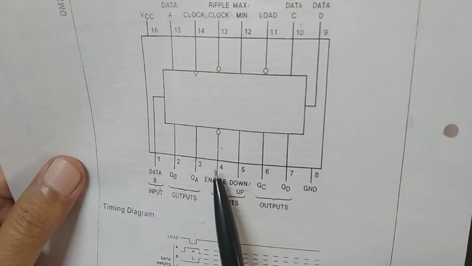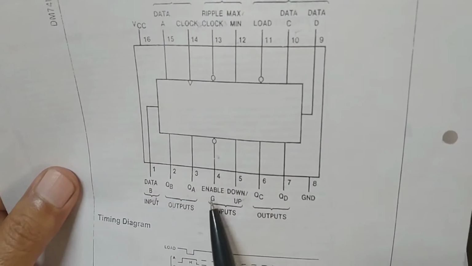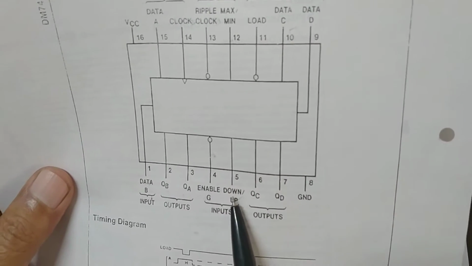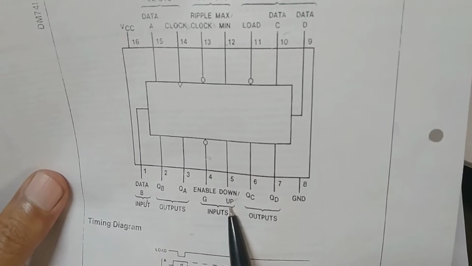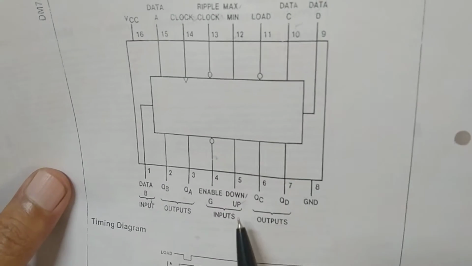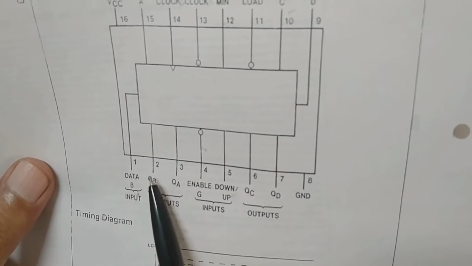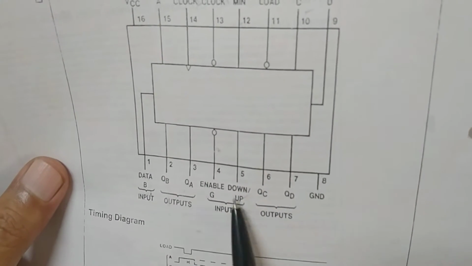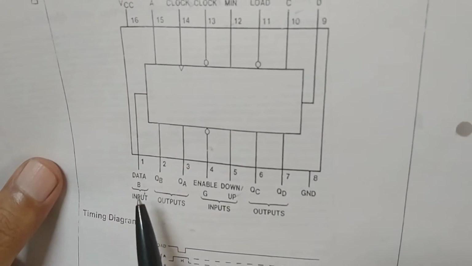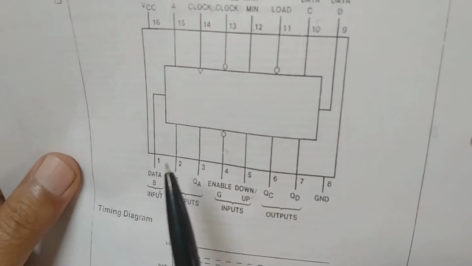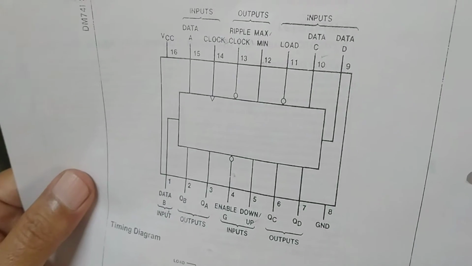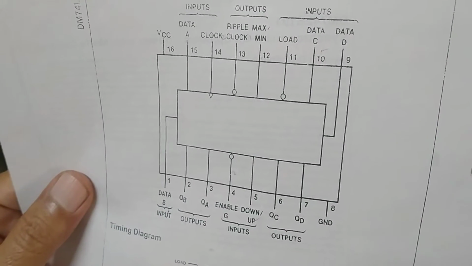Pin 4 is the enable input terminal, which is active low. Pin 5 is for up or down counting direction. Pins 2, 3, 6 and 7 are the outputs, where we have to connect the LEDs. Pins 1, 9, 10 and 15 are the input terminals.